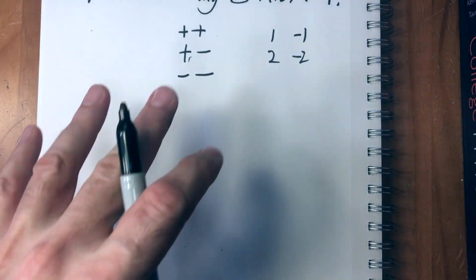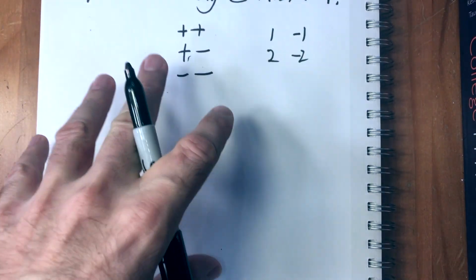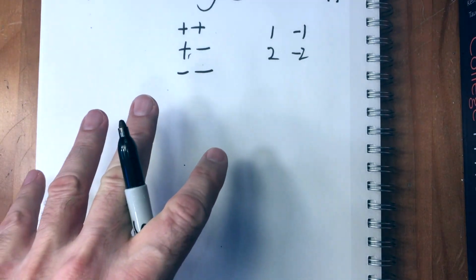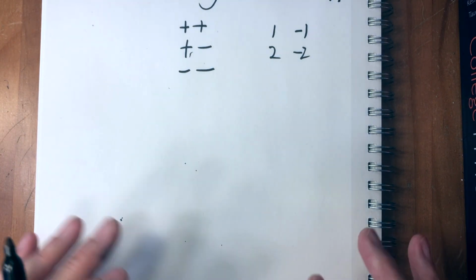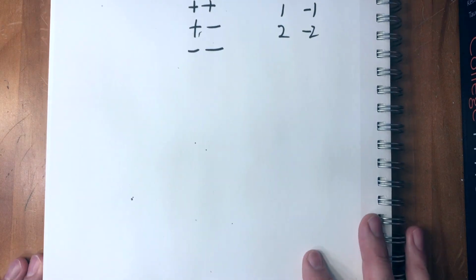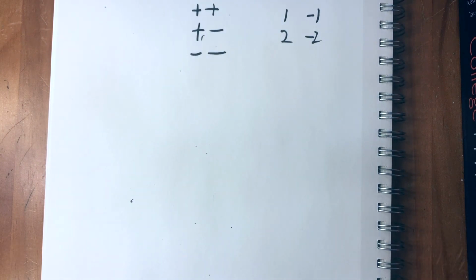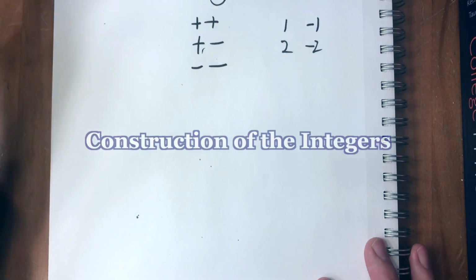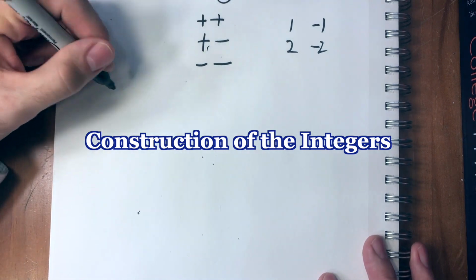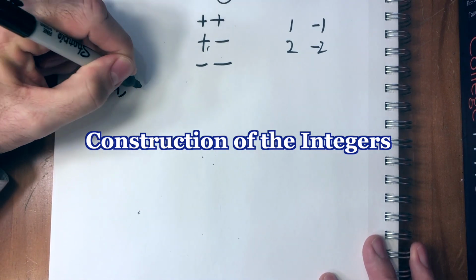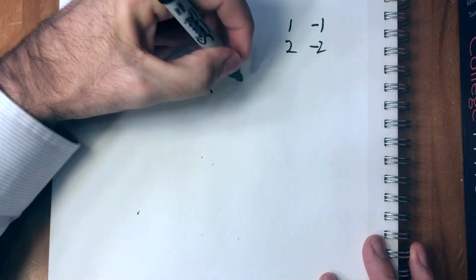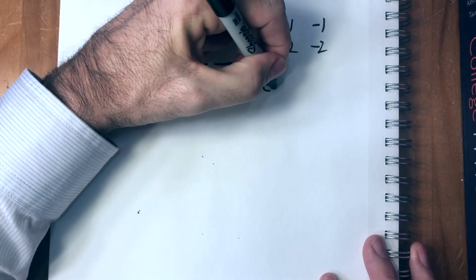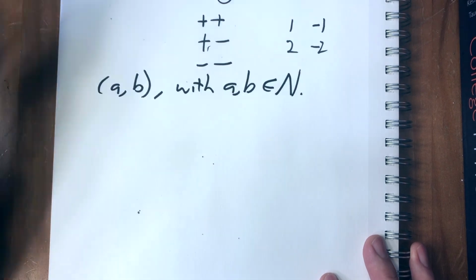And this is also interesting because it yet again emphasizes the similarity and the relationship between integers and rational numbers. So what we're going to do is construct the integers as equivalence classes of pairs of natural numbers (a, b) with a and b elements of the naturals.